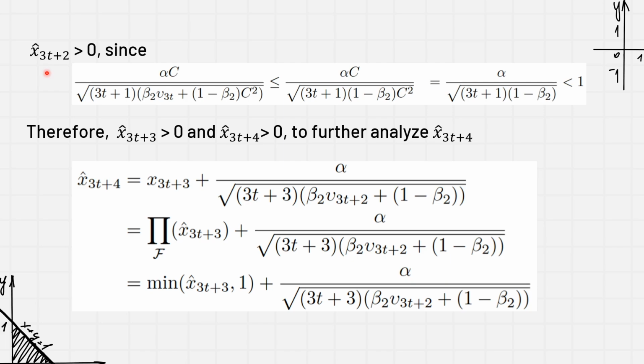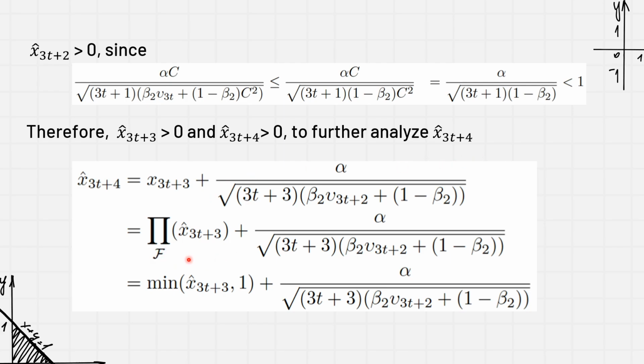Next, we observe that x hat_{3t+2} is greater than 0, because it is equal to 1 minus this term, and this term is less than 1. We can also deduce that x hat_{3t+3} and x hat_{3t+4} are also greater than 0.